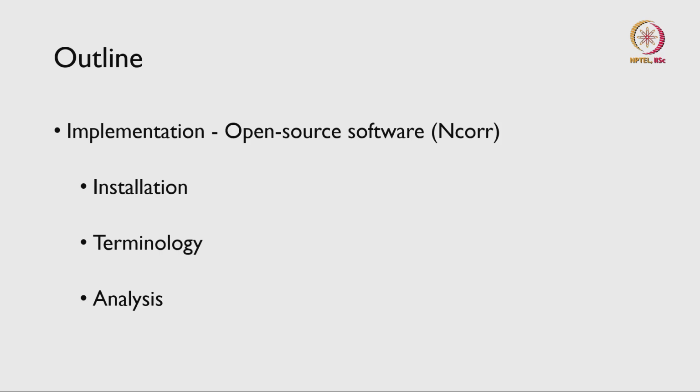Today we are calling this session a DIY, do it yourself, DIC session. By the end of this session you should be able to implement this analysis on your own and save the results.